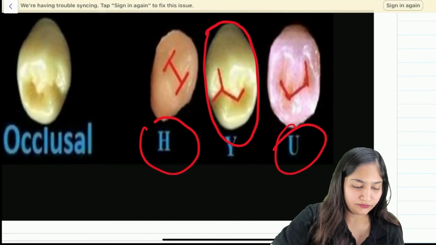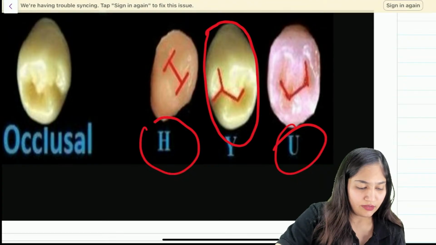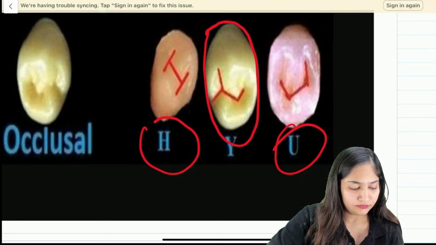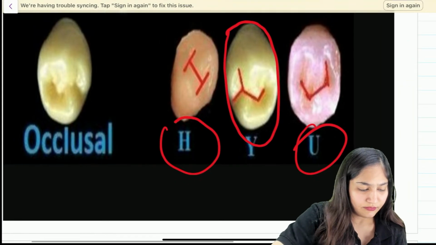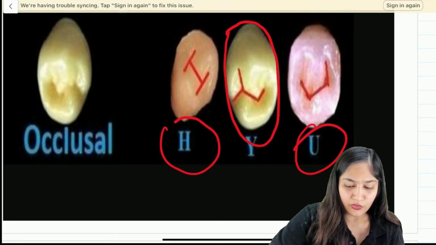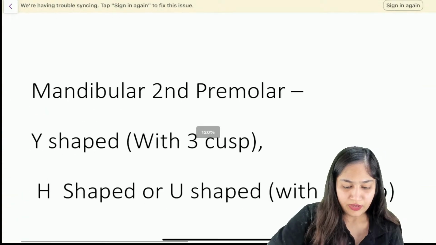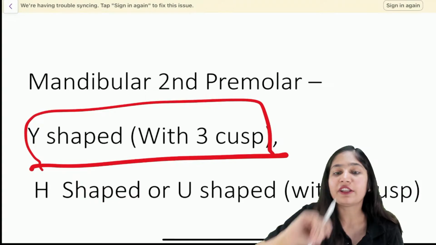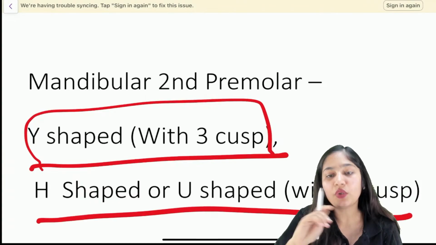Right. Okay, good. So Y shape with 3 cusp pattern and H and U with 2 cusp pattern.